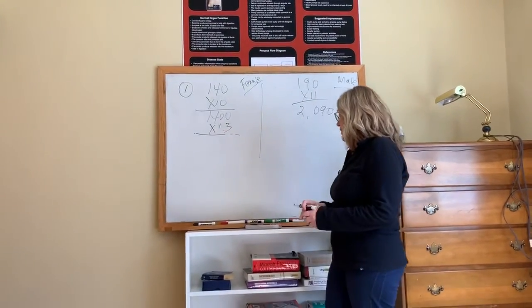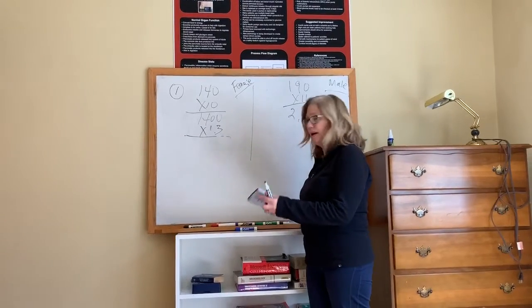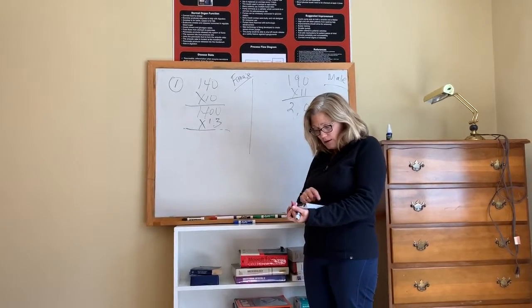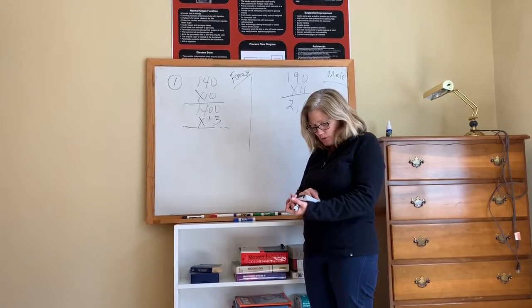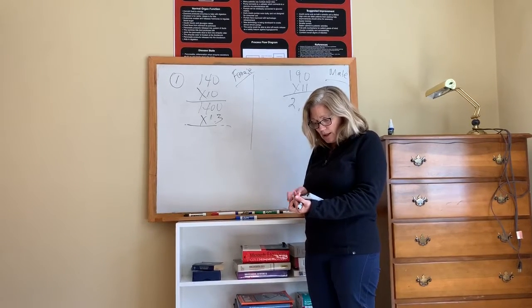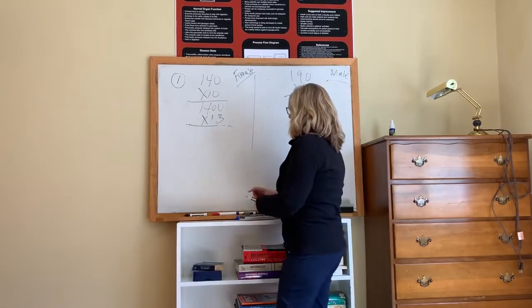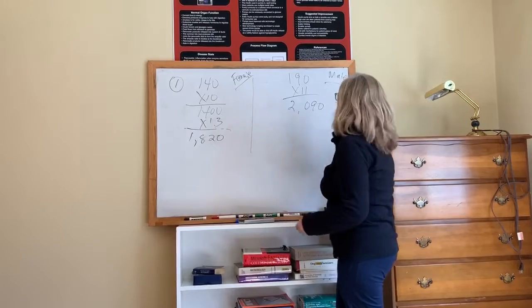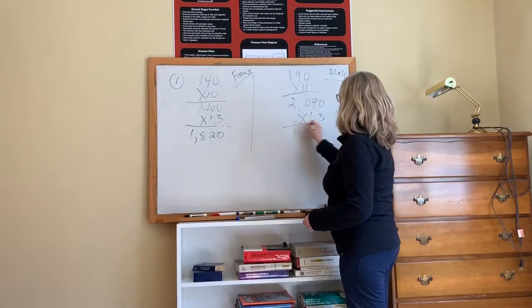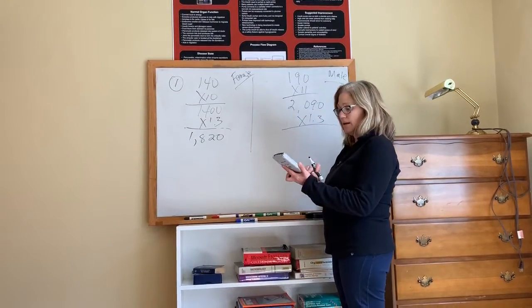So let's take 1,400 and multiply by 1.3, equals 1,820. If I do the male's the same, 1.3 for males as well.